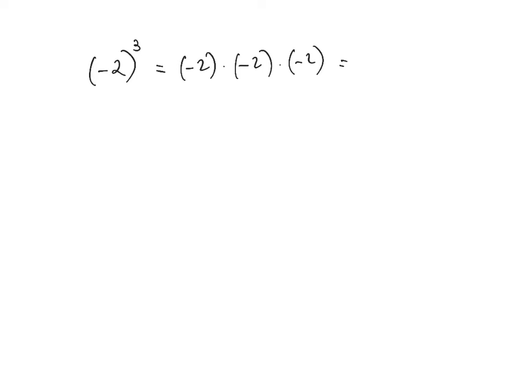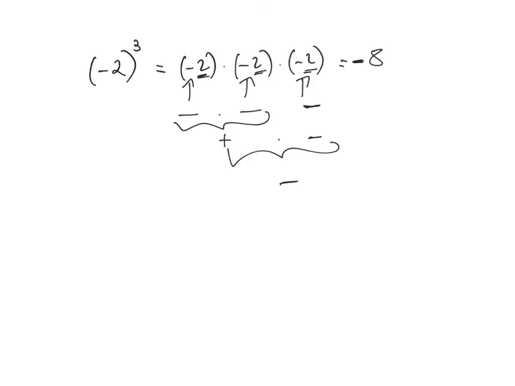If we multiply these numbers, we get 2 times 2, 4 times 2, 8, and for the signs, we have 3 negatives. So that means that minus times minus is plus, times minus is minus. So the result in this case is -8.